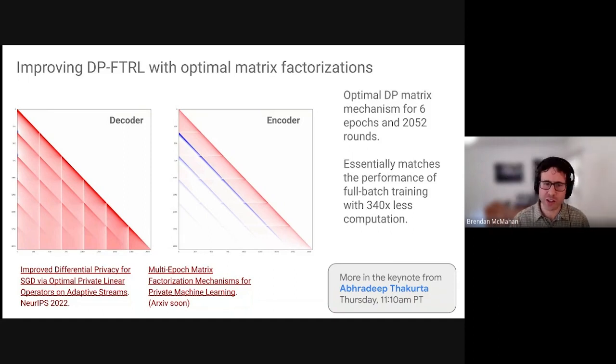You can clearly see that these matrices were specifically optimized for 6 epochs of training, for example. So if you're interested in this, you can check out a couple of our papers, and there'll be more in a keynote talk from Ahmad Dheeb tomorrow in tomorrow's edition of the workshop. And he'll talk a little bit more about applications in Gboard as well.